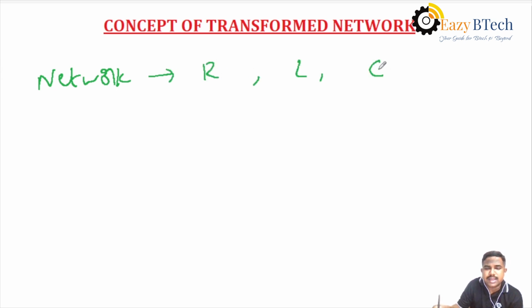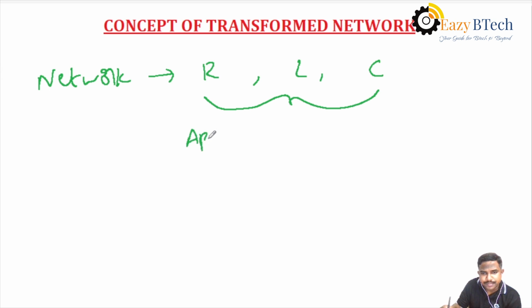That is, if the given circuit or network consists of R, L, C elements, that is, the given circuit is having resistance, inductance, and capacitance, then for the three elements, you have to apply Laplace transformation.